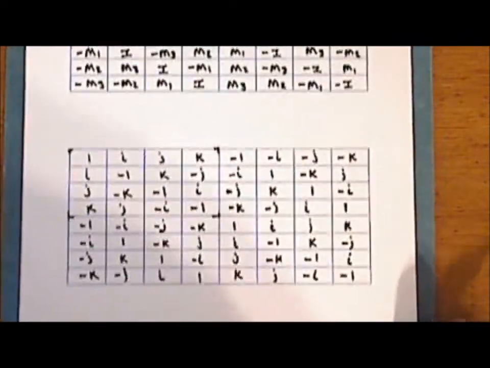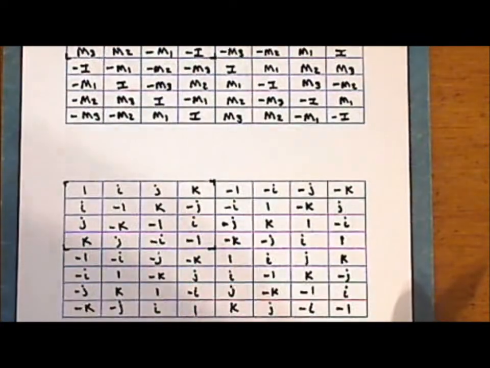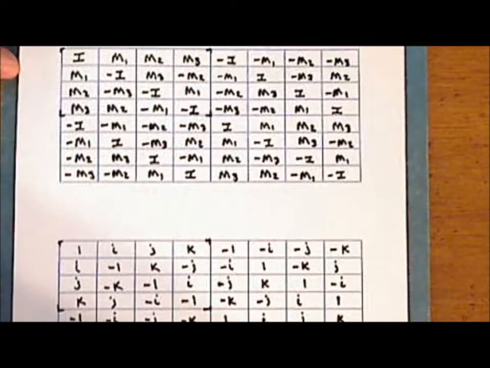So once again, the two Cayley tables are identical.